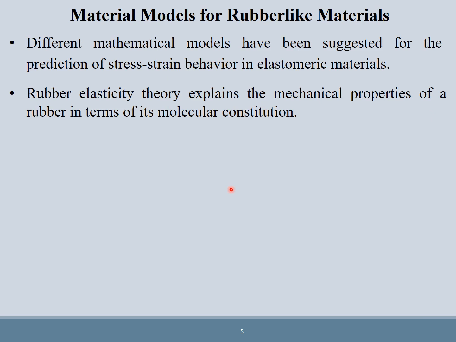Rubbers are different from metals. Rubbers are formed by chains. So the theories which define the material models generally follow the molecular constitution, that is, in terms of the chains. That's why for rubber-like materials we have single chain, multiple chain, 3-chain, 8-chain material models.